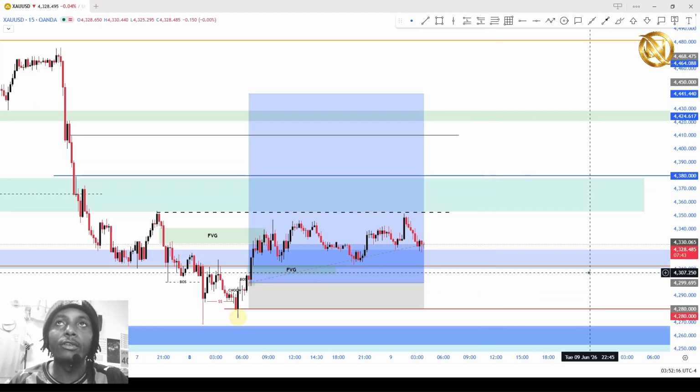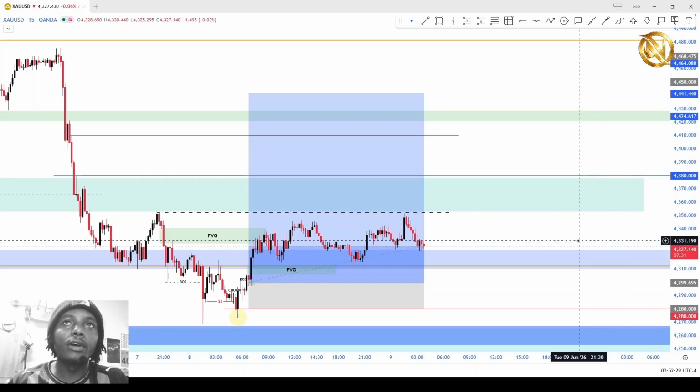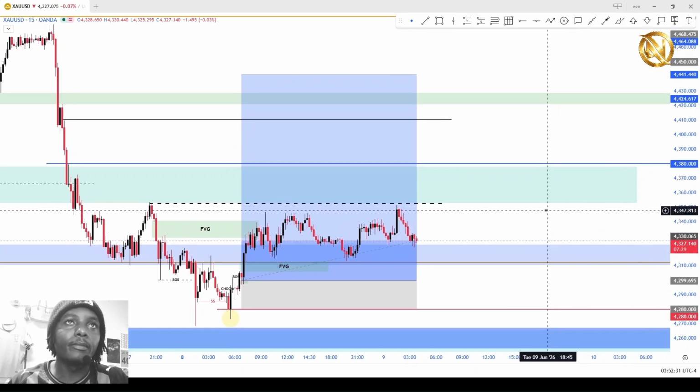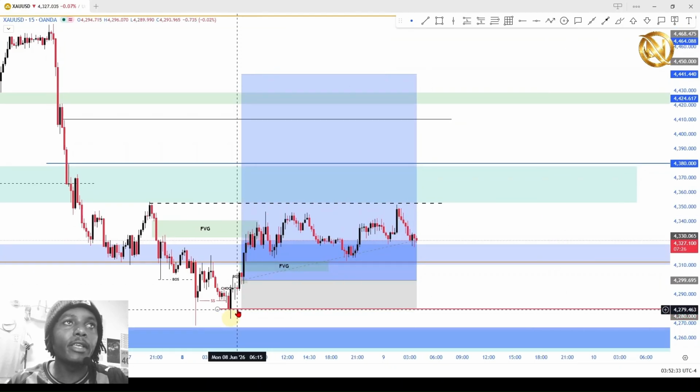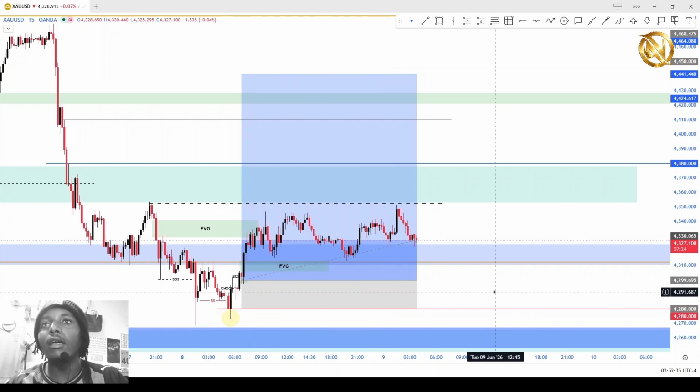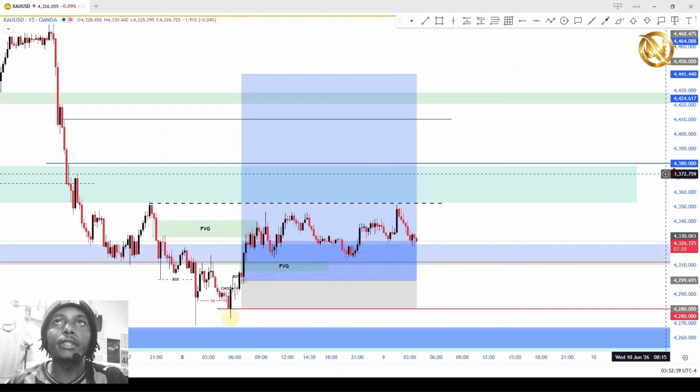I'm also going to make a video on which figures I look at, because we have the 0.2 level, 0.8 level, 0.5 level, 0.3 level. I'm going to make a separate video explaining about it. So I entered at that particular time, and I placed my stop loss around 42.80, and my take profit is at 43.80.